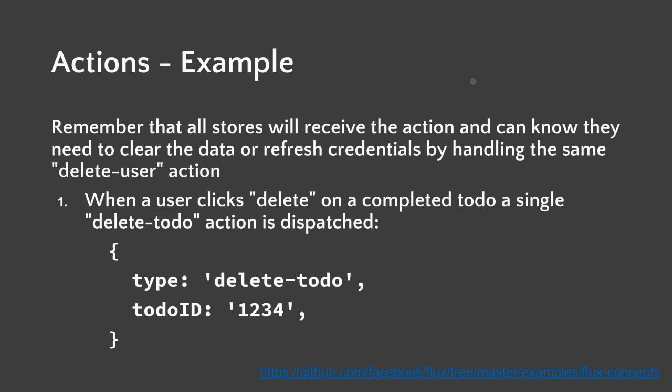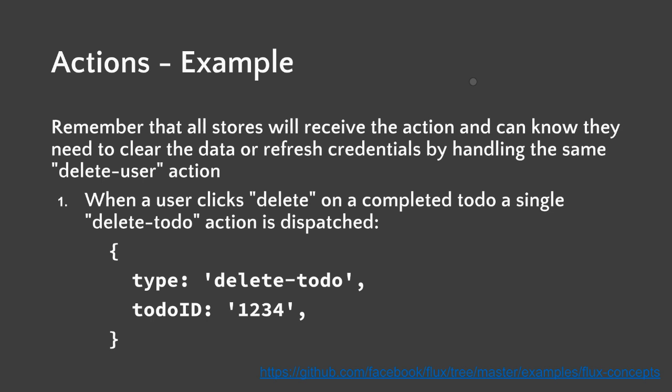When a user clicks delete, for example, on a completed to-do, a single delete to-do action is dispatched. On the slide you can see JavaScript Object Notation, also known as JSON, that identifies the action. In this example we have the type of the action, delete to-do, and the to-do ID. This property identifies this to-do uniquely. So this number identifies it uniquely.